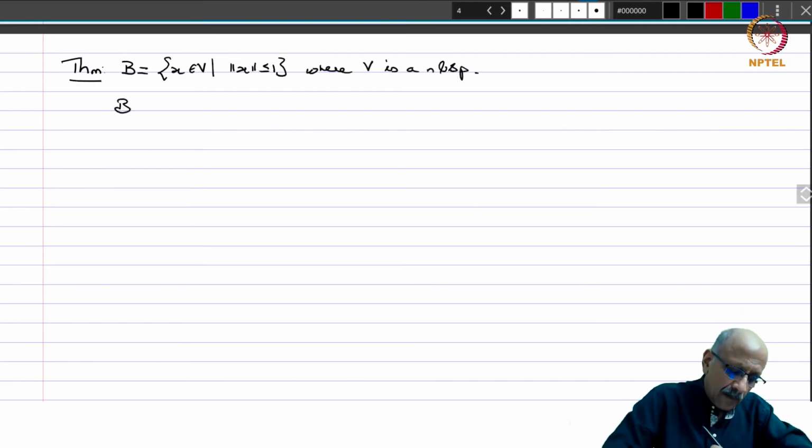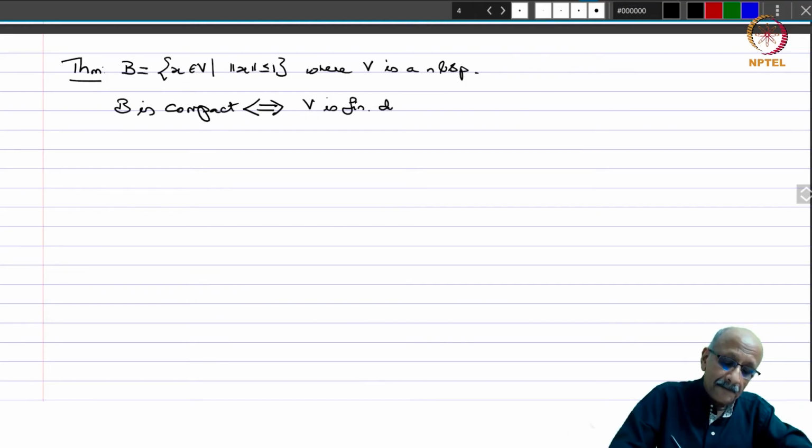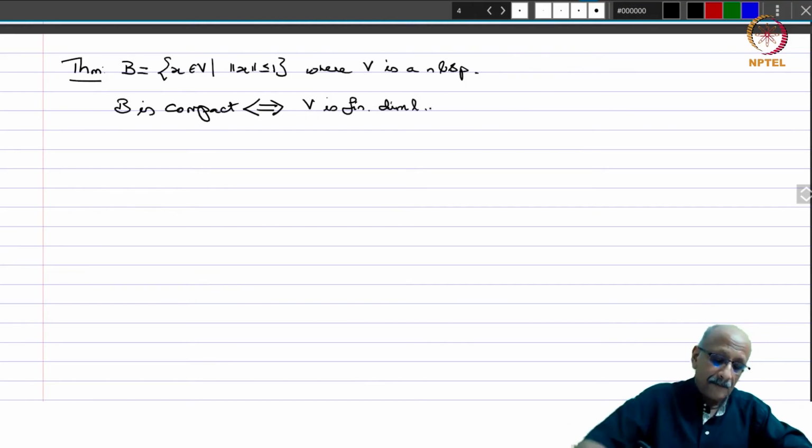So B is compact if and only if V is finite dimensional. So before we prove this, we need a lemma. So we have a lemma due to Riesz.